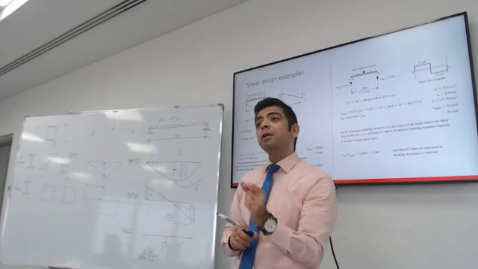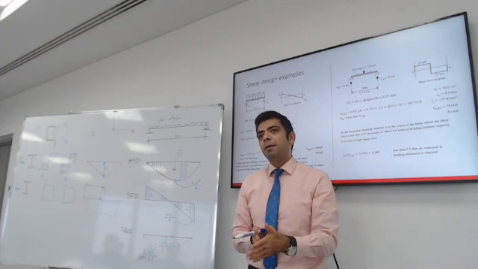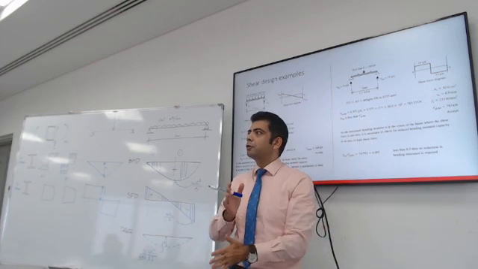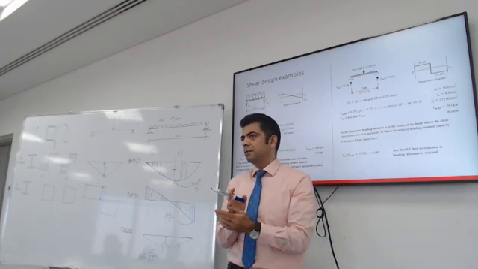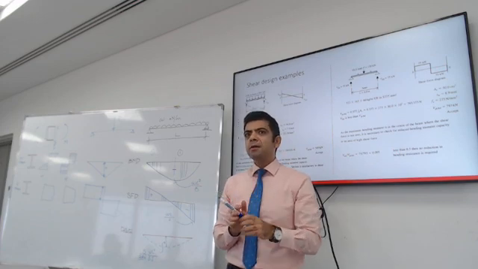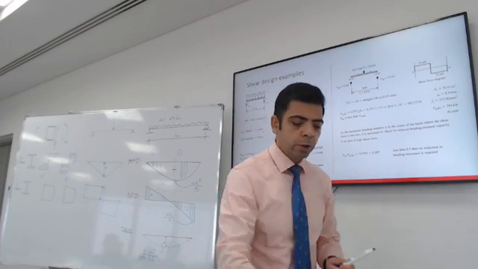Is this the only way you can break a beam in shear? By the section developing yield under shear stresses? There are a couple more ways. We're not going to go into too much detail, but there is one more check.